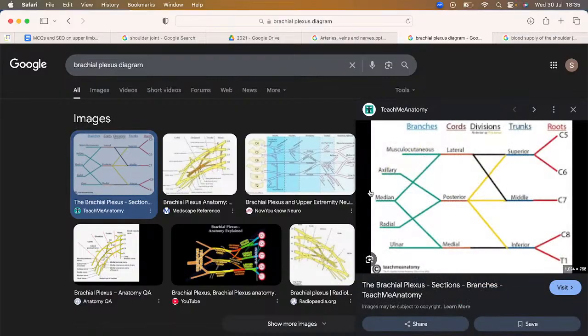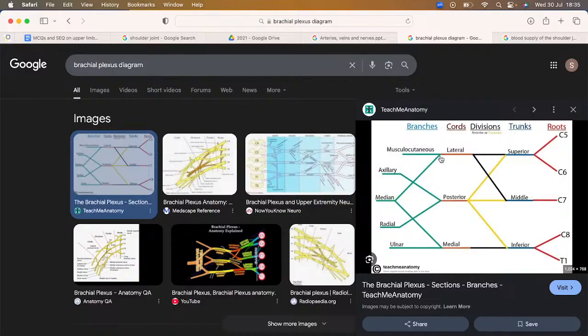Okay, so something like this is what they're expecting to see on the day. Okay, this is essentially the frame of the brachial plexus. You can see the roots, trunks, divisions, cords, branches. So they're essentially expecting this same drawing in your exam.